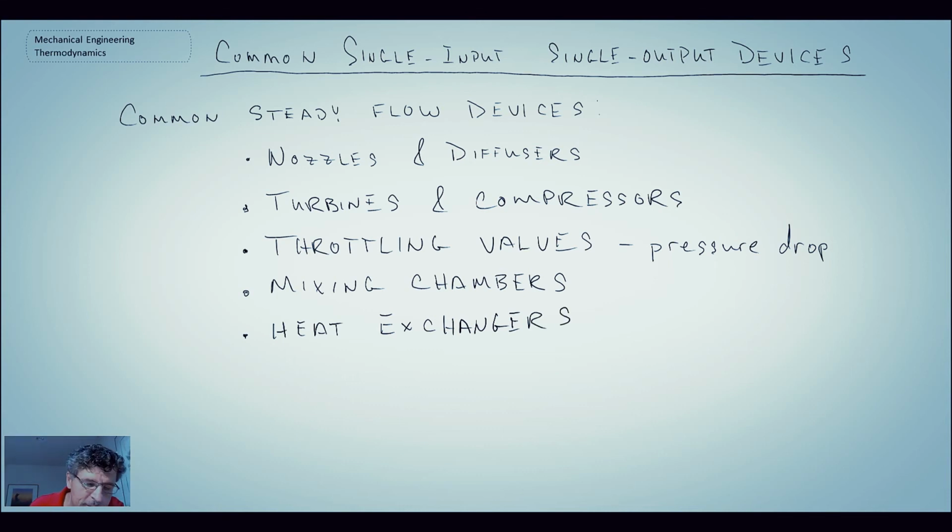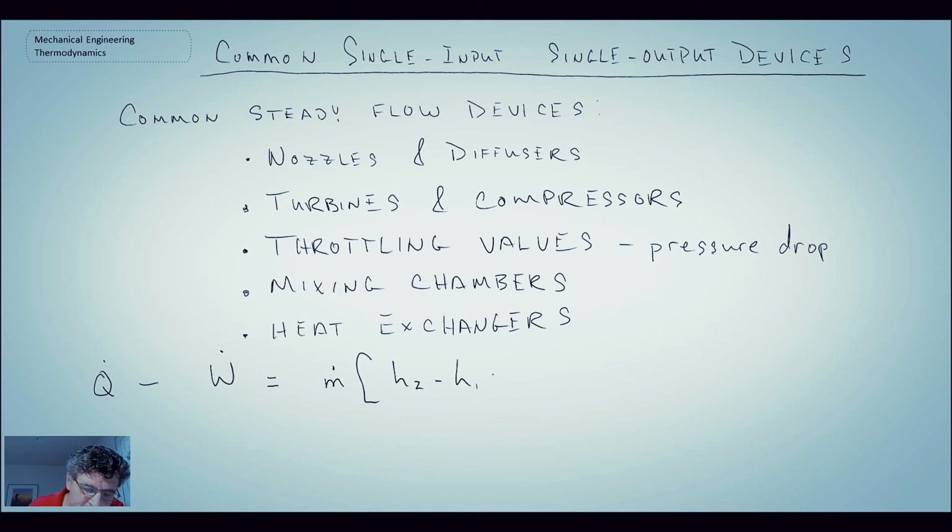So, simplifying the first law, it will remain the same on the left-hand side. So we have Q dot minus W dot. But then on the right-hand side, you can sometimes pull out the mass flow rate. And then you will have something like this.